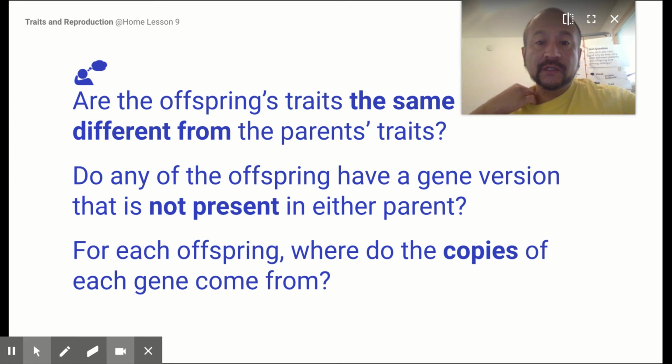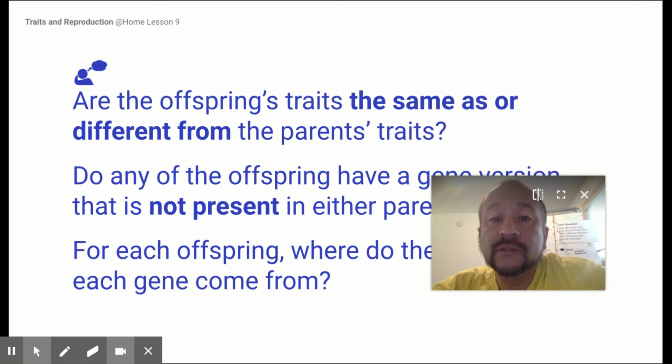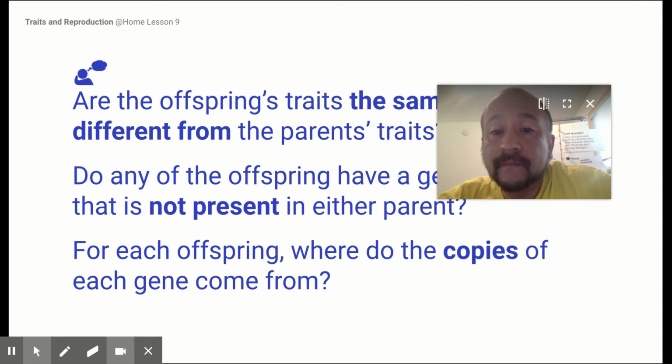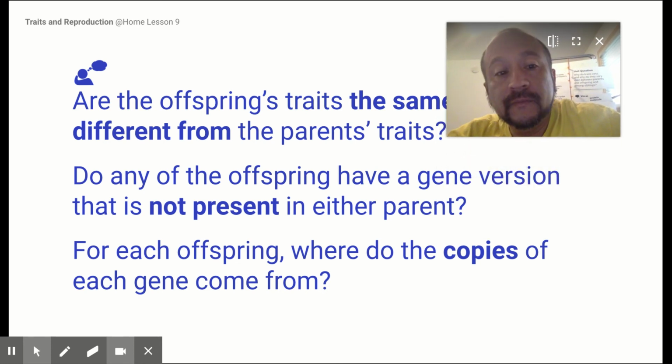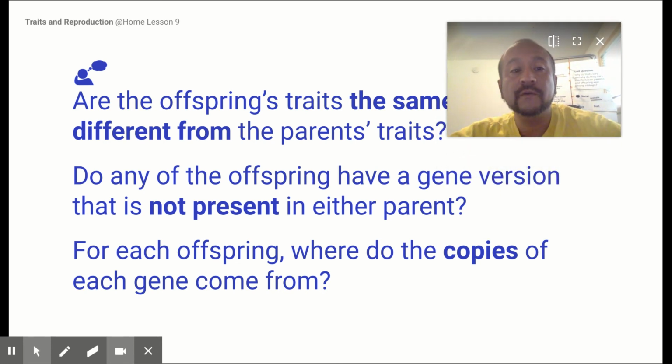These are all great questions. Are some of the offspring's traits the same or different? And do any offspring have any gene version that is not present in either parent? For each offspring, where do the copies of each gene come from?